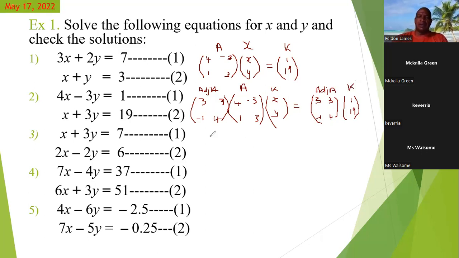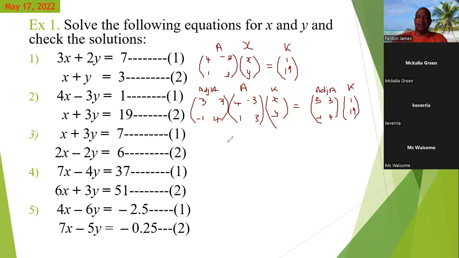All right, so over here we have 3 4s, 12, plus 3 1s, 3. 12 plus 3 will give you 15.